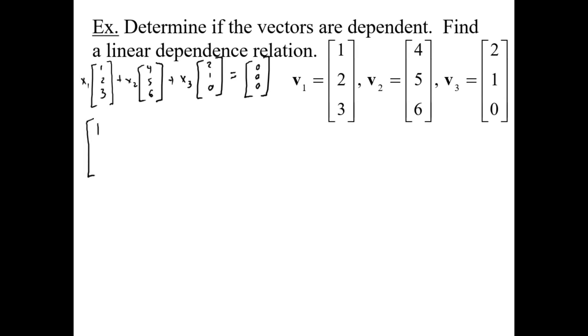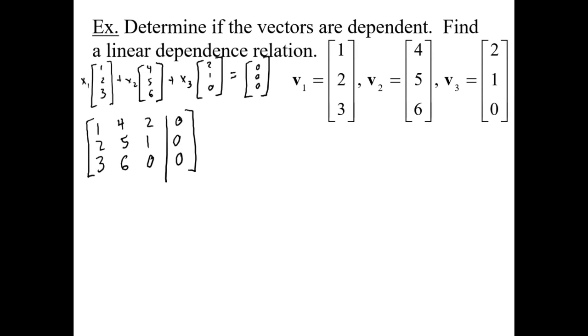So let's find it. 1, 4, 2, 0, 2, 5, 1, 0, 3, 6, 0, 0. Determining if these are linearly dependent is the same as finding x1, x2, and x3.